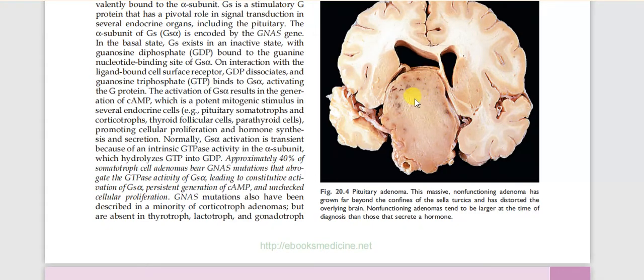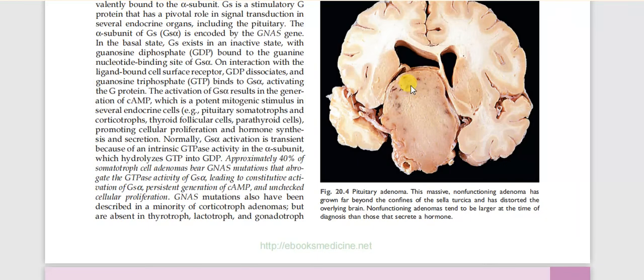So what is this? What are these small reddish patches? They are bleedings, little hemorrhages inside the tumor. Due to extreme growth of this tumor, you remember production of VEGF, vascular endothelial growth factor, and TGF causes angiogenesis inside the tumor.